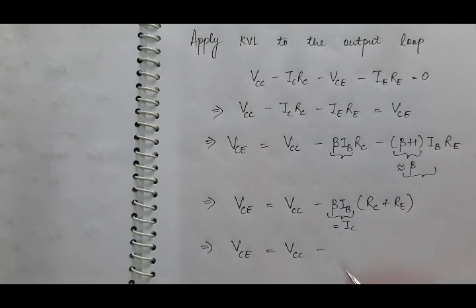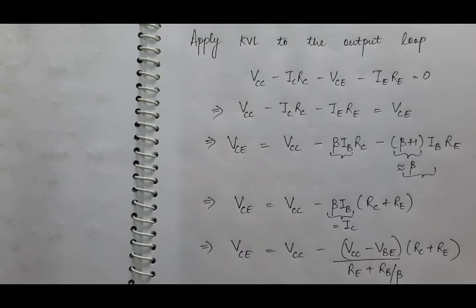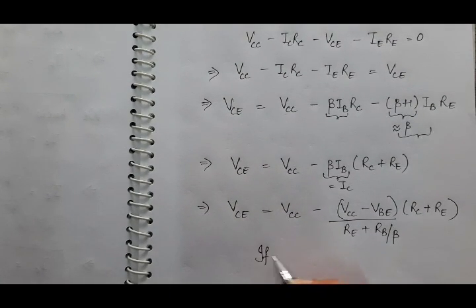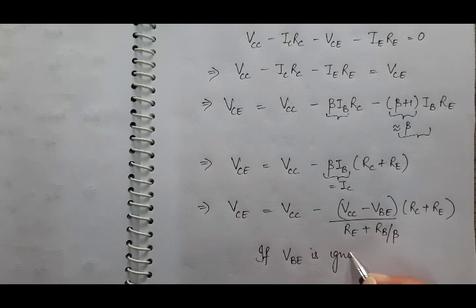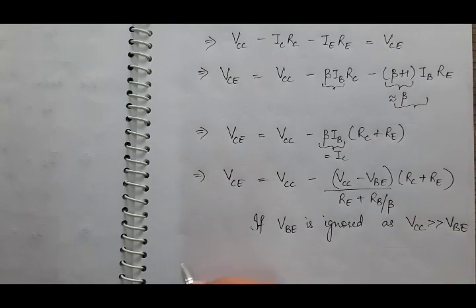So the value of IC is VCC minus VBE upon RE plus RB upon beta into RC plus RE. And if you ignore this VBE as compared to VCC, since VCC is greater than VBE, then in that case what will happen?